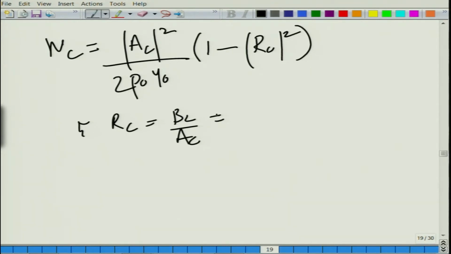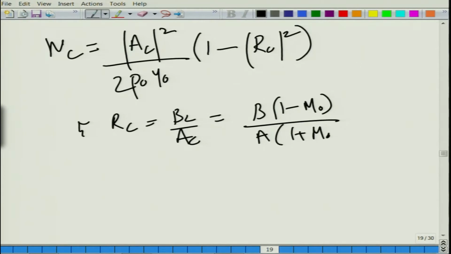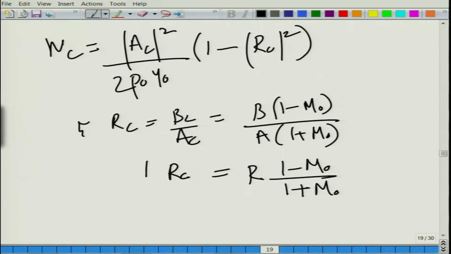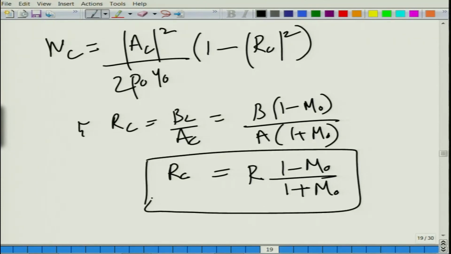This is B times 1 minus m naught and A times 1 plus m naught. So, the reflection coefficient Rc is R times 1 minus m naught divided by 1 plus m naught.